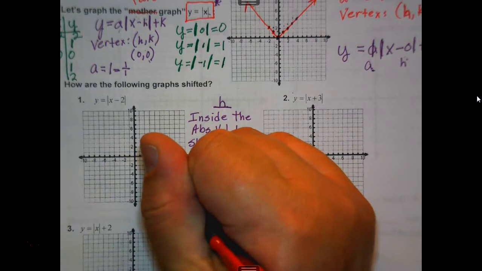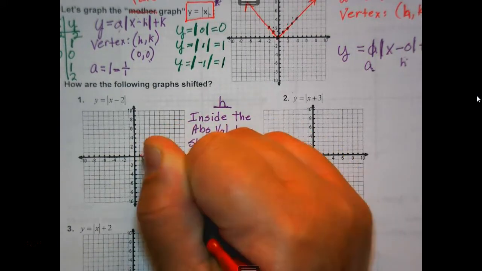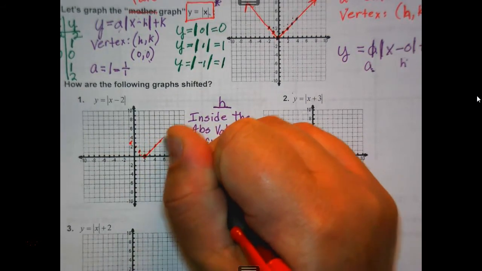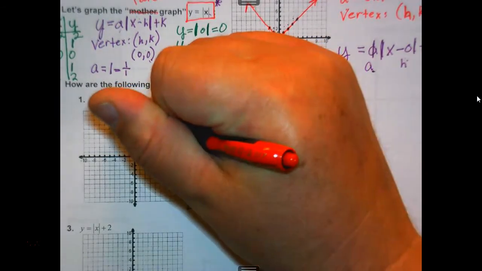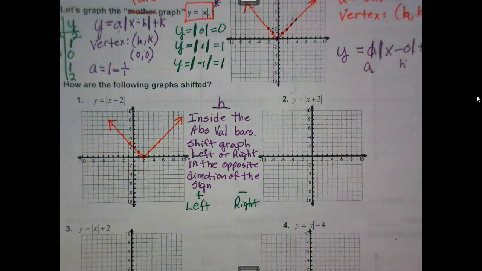So I'm going to do my slope 1, 1, 1, 1. Here's my transformed graph. Okay? Because it shifted to the right 2.